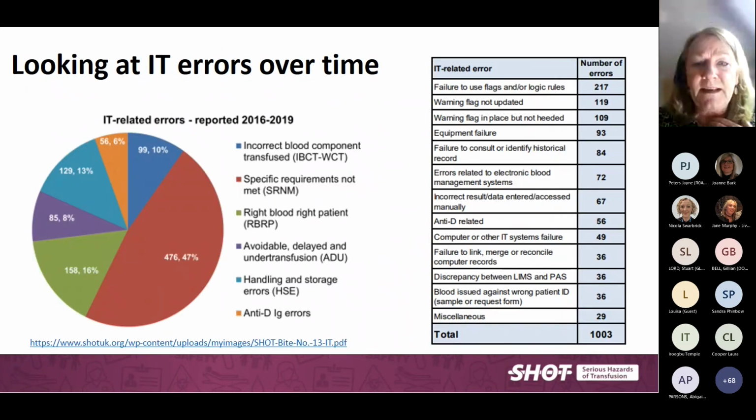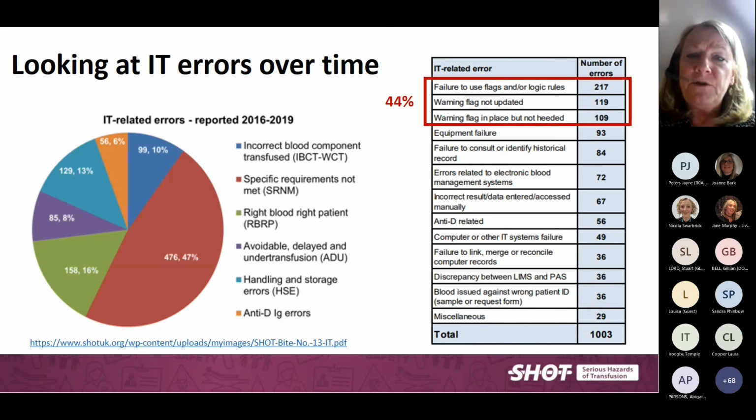So this is data from our SHOT WEG looking at 4 years, and just to show you where all the IT errors come from. So there are very few transfusion reactions that are related to IT. So these are mainly specific requirements not met, incorrect blood component transfused, and to a certain extent, handling and storage errors because of the equipment side of things.